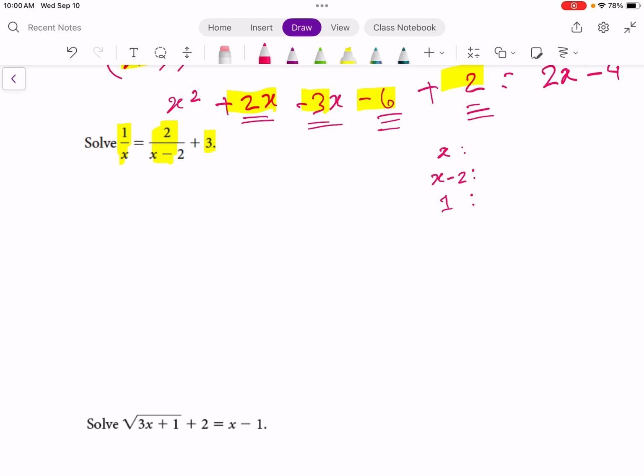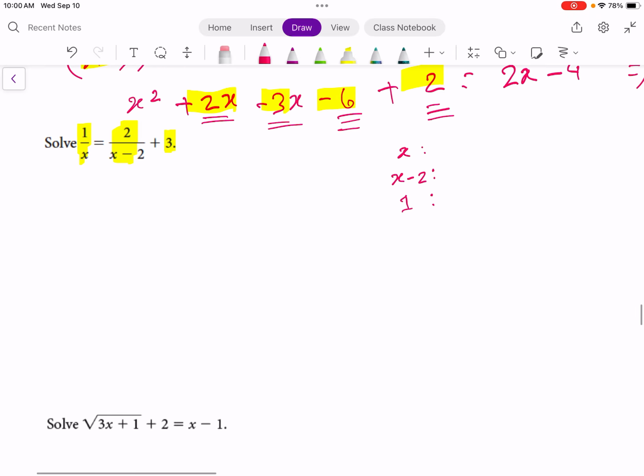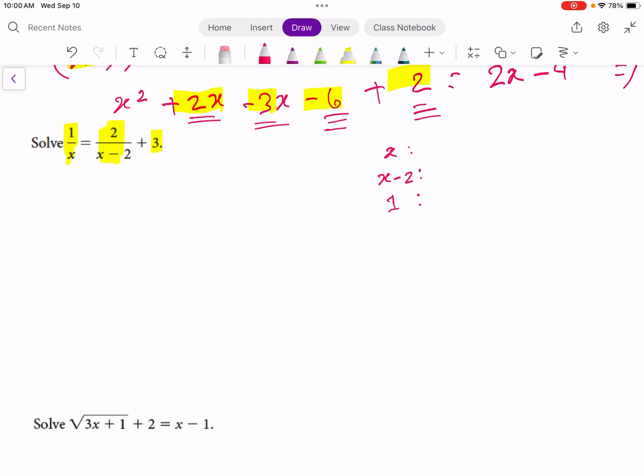Now finding a common denominator means we are finding an expression that is divisible by each of these denominators. Okay, in order to find the common denominator, at first we factorize each denominator. Now we have x. Is it in its simplest form? Can we factorize x? x is in the simplest form, right? So we take x as a factor of itself. We have x minus 2.